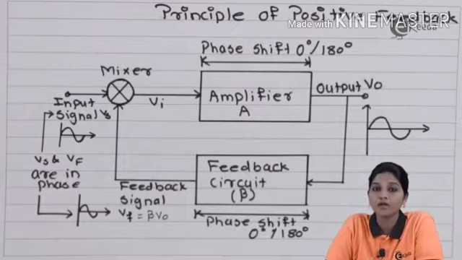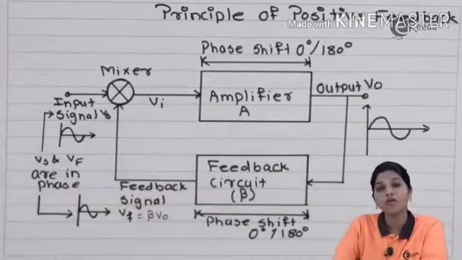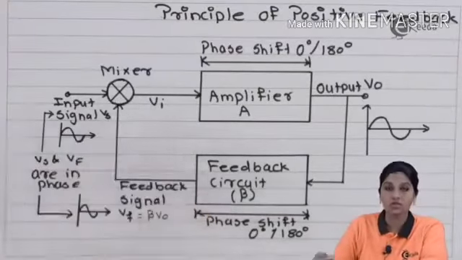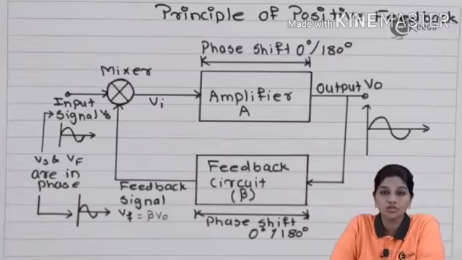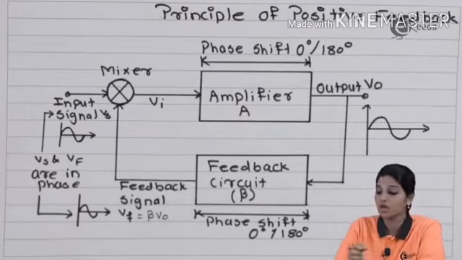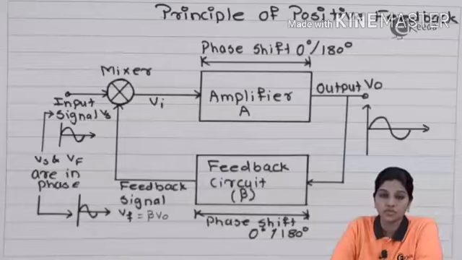Then from the block diagram we will come to know that the output voltage is given back to the input of the amplifier through a feedback network and a mixer circuit. As the amplifier used here is non-inverting, there is no phase change between input and output, or else we can say the input and output are in phase with respect to each other.